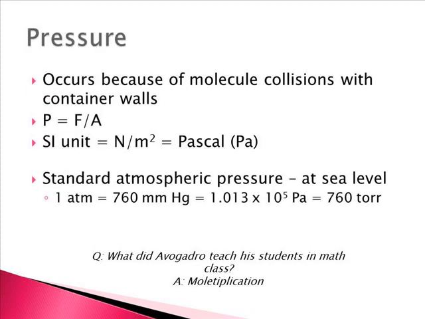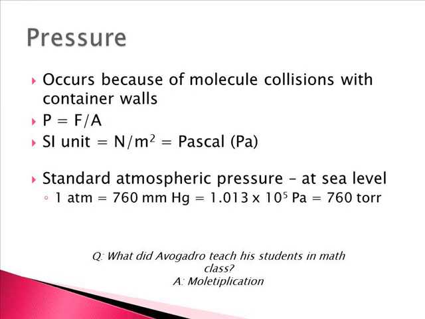Now we define pressure as the force divided by the area. And when we're talking about gases specifically, we're talking about the force of the collisions of the molecules on the container walls.